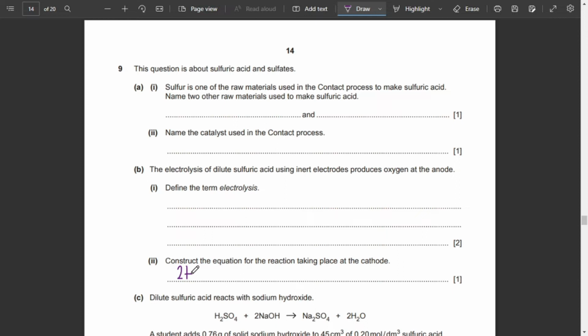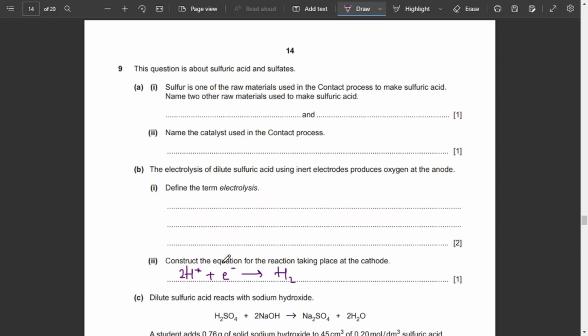So we have basically 2H plus, and for a second let's assume that we do not know, since I've written this equation several times in the paper, so I'm used to writing 2 with it, but let's just consider H plus plus e minus, that is electron, and then we have hydrogen. Because hydrogen is H2, that is why we put a 2 over here. Alright, so I hope now you understand this.